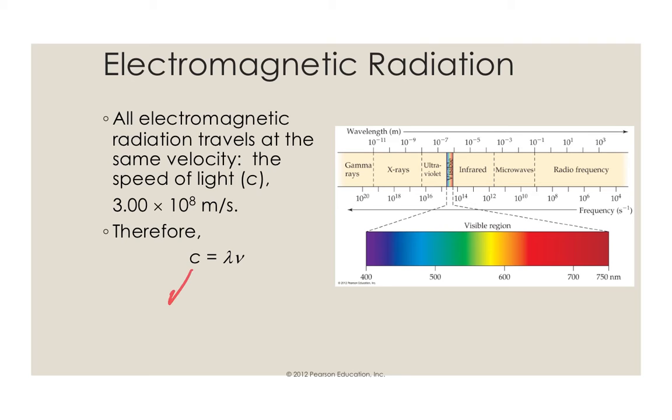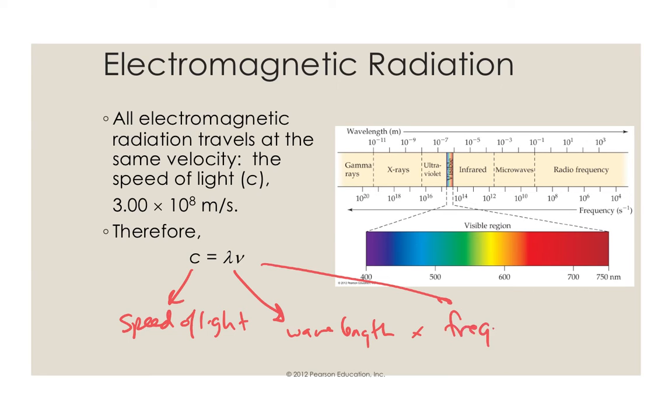So therefore, c, the speed of light, equals the wavelength of the wave times the frequency. This makes sense because wavelength is a distance, and frequency is the inverse measure of time.